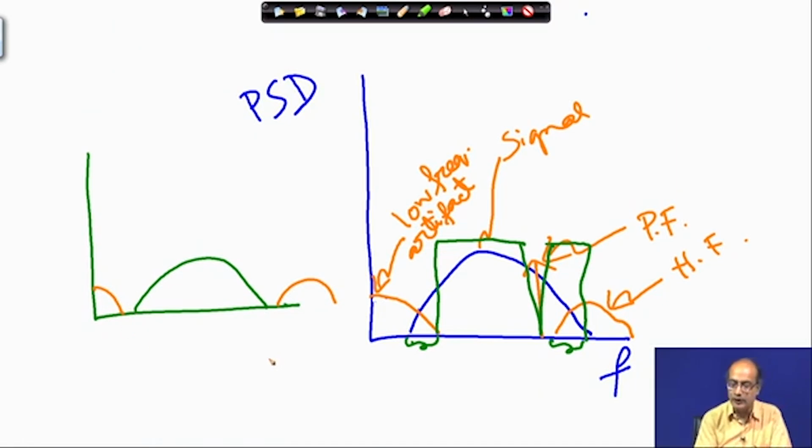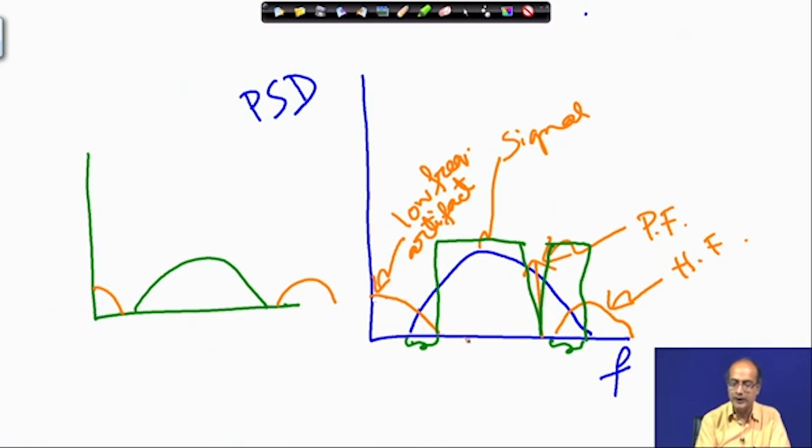Okay. But when we have overlapping spectra between the signal and the noise, then we have a problem in choosing the boundary. And in that case, what best we can do is the goal of this optimal filtering.